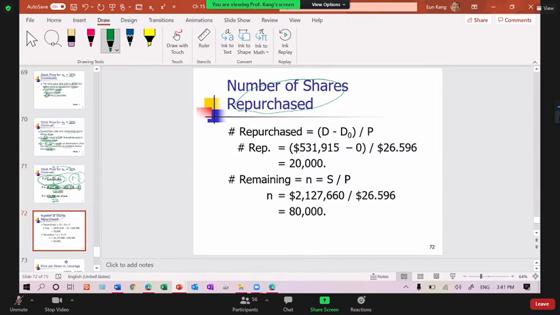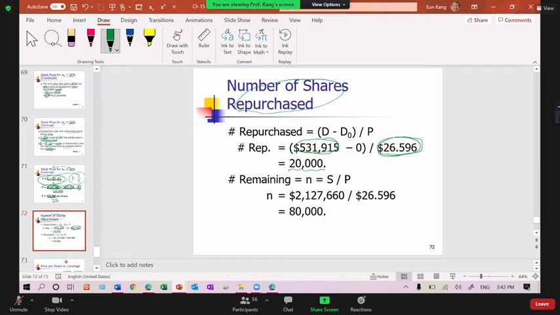Then the number of shares we purchased is the debt issued divided by price. I told you that the price won't change, right? Price won't change. Then 20,000 shares. And that is actually 20% of 100,000, right? Because it's 20% of total value, that weight is 20%.